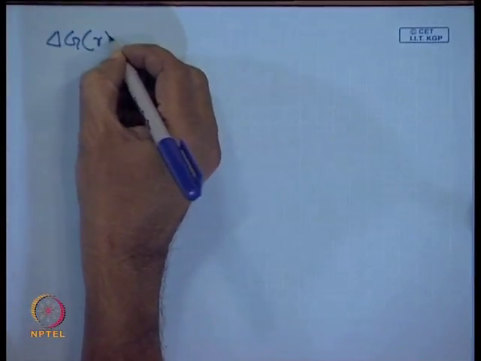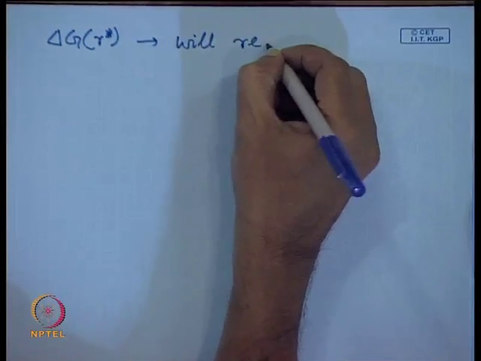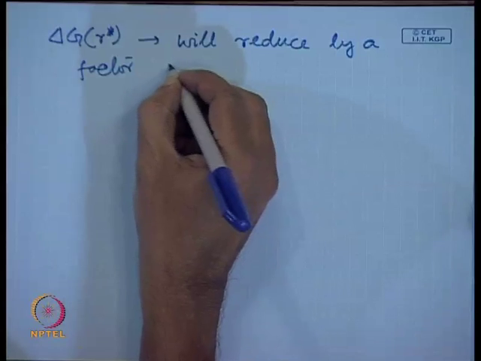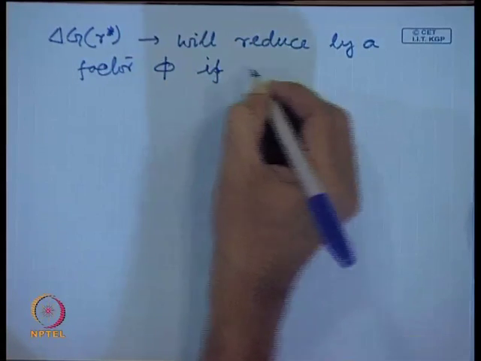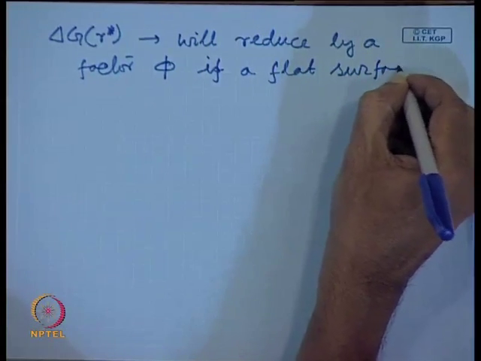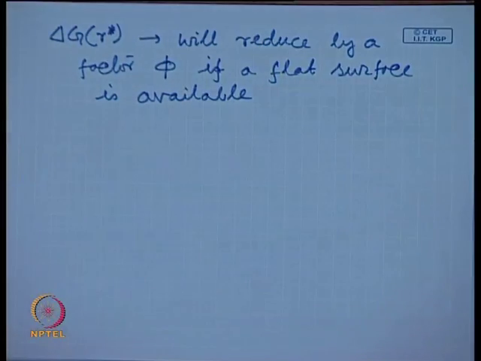So, if there is a plane or flat surface available for the formation of the vapor embryo, then this delta G will reduce by a factor phi if a flat surface is available.